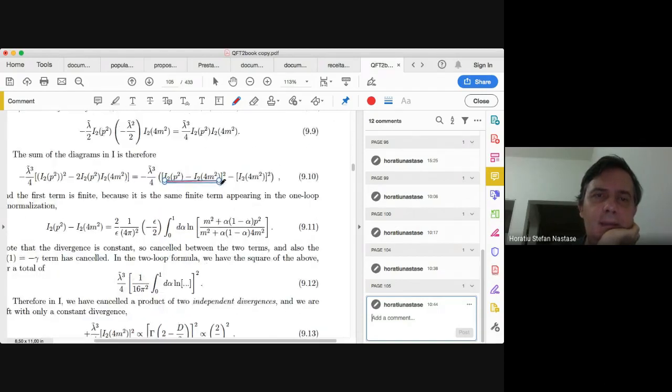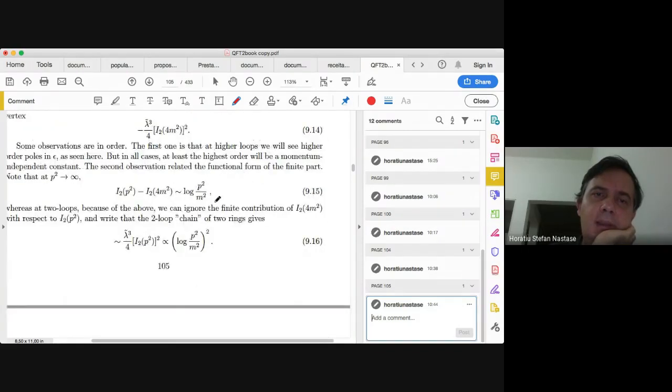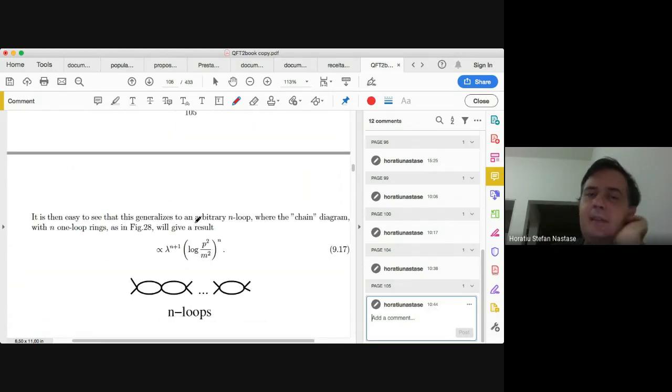So this functional form was the one loop functional form. But now at 2 loops, I have this thing squared, right? So at 2 loops, I have this kind of correction. And this came from the 2 loop chain of 2 rings. But then we see that we can easily generalize this to n loops. On n loops, I can write n rings like this. I wanted this to be curved in the sense that it just continues.